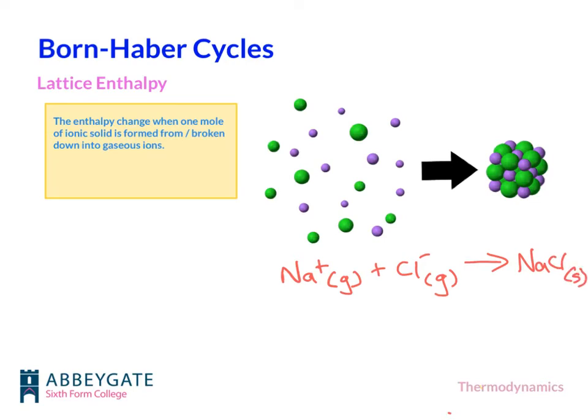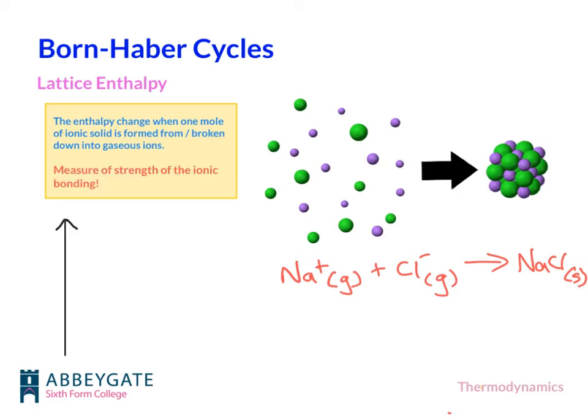Now, the enthalpy change, the energy involved in going from gaseous ions to the ionic solid, is a measure of how strong the ionic bond is. So you would expect different ionic solids to have different values for their enthalpy change, and if we can see the different values of lattice enthalpy, then we get a good idea of how strong those ionic bonds are.